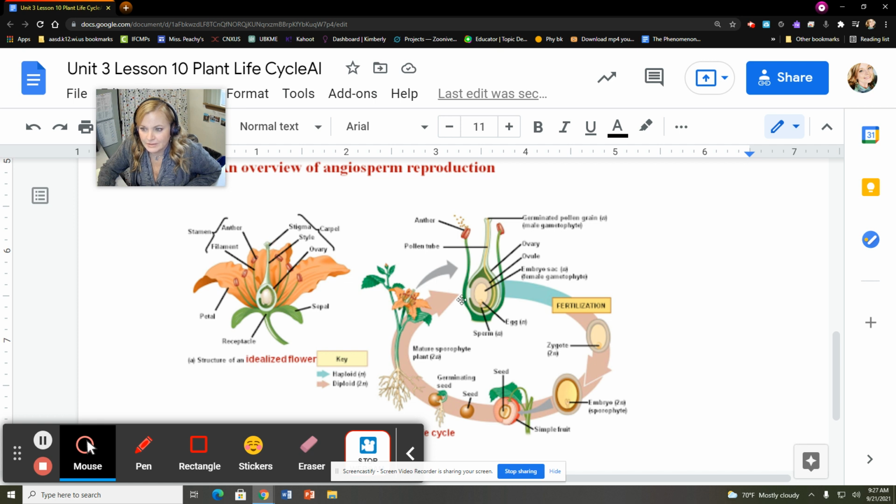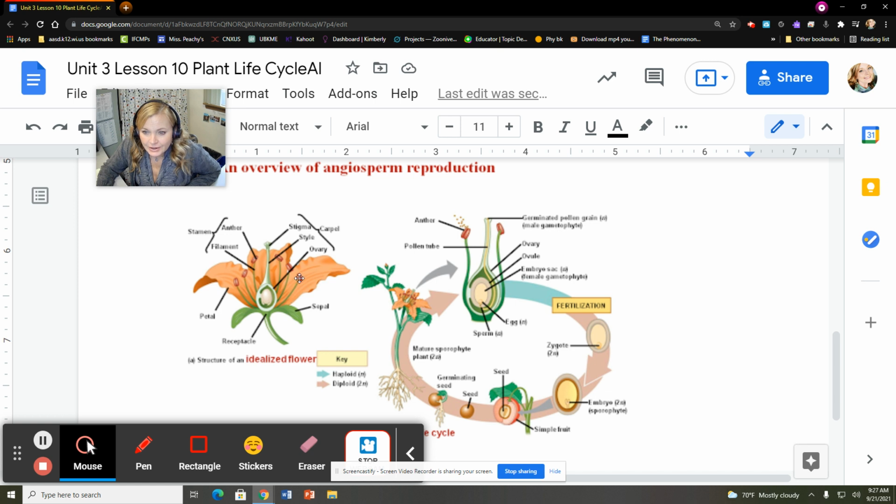There's your female parts. And inside we have eggs, and those eggs are haploid, and they are produced by the gametophyte of the plant. But it's microscopic at this point. Now we're talking about a microscopic gametophyte.